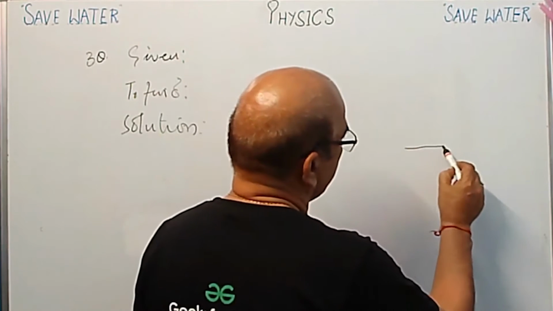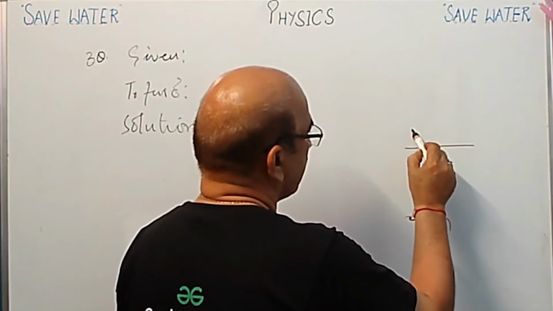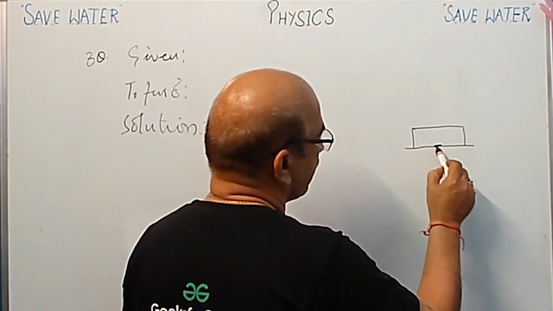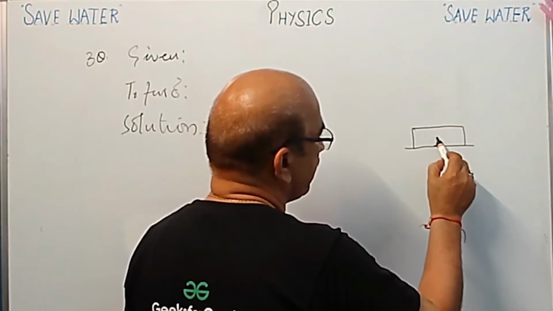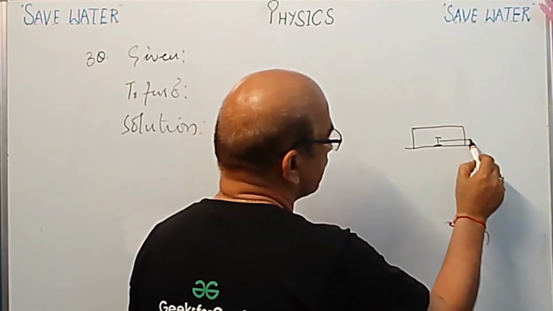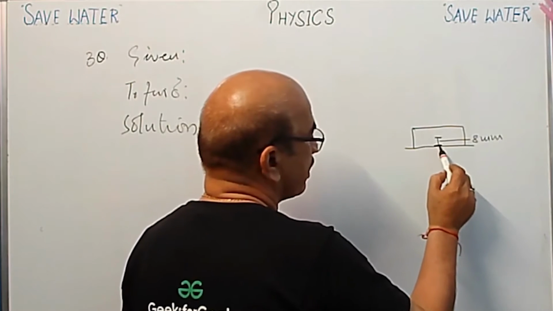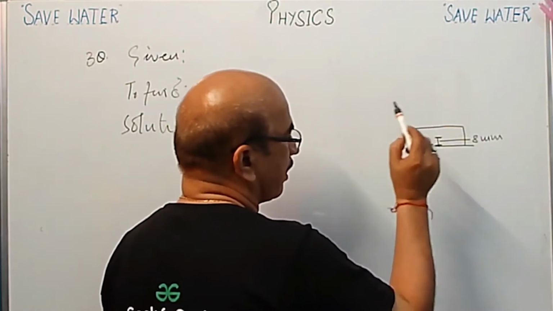So this is the surface here and the glass slab is placed on it. This is the glass slab and the stamp is here. It appears 8 millimeter raised here. So this is 8 millimeter. So this appears raised. It is lying here but it appears here.